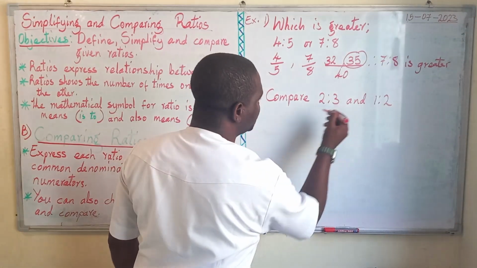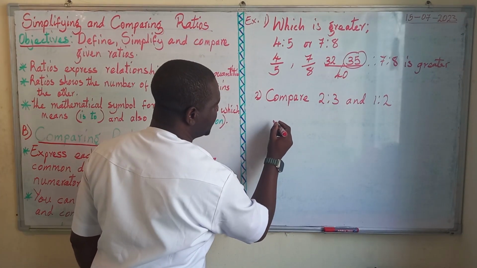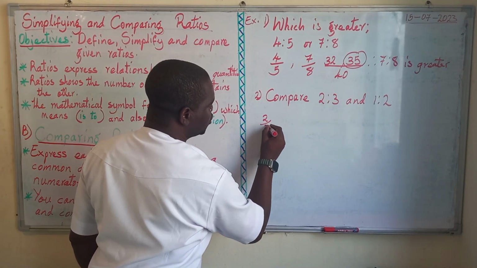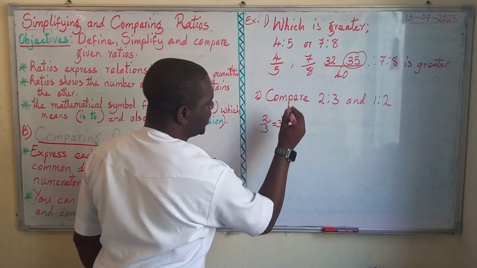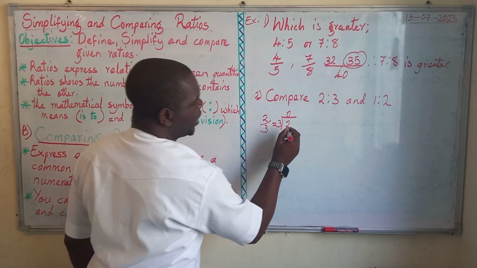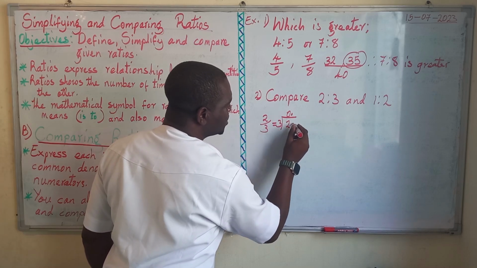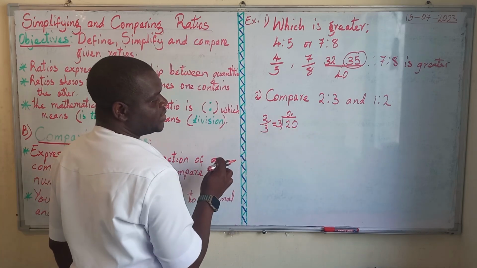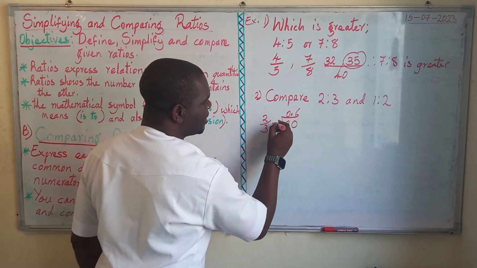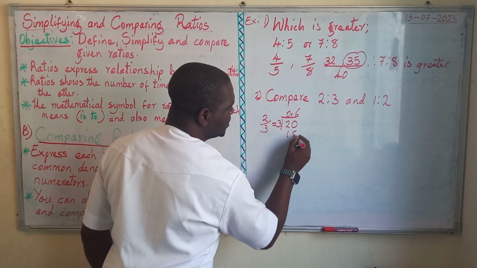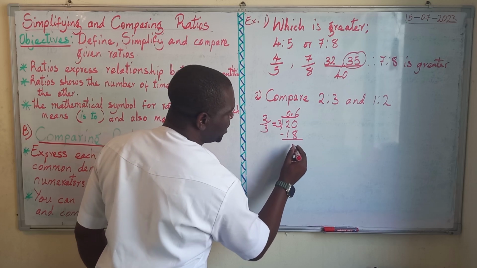So let's start with 2/3 or 2:3. 2:3 is the same as 2/3, and 2/3 means 2 divided by 3. It cannot. So we're going to affix a decimal point and affix a 0 behind 2. And 20 divided by 3 is going to give us 6. 6 times 3 is going to give 18. If you subtract, the difference will be 2.